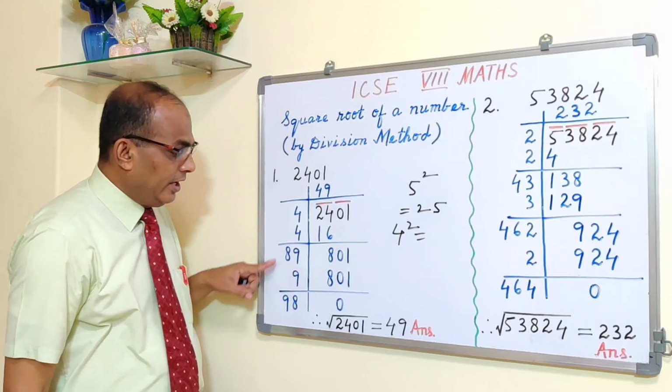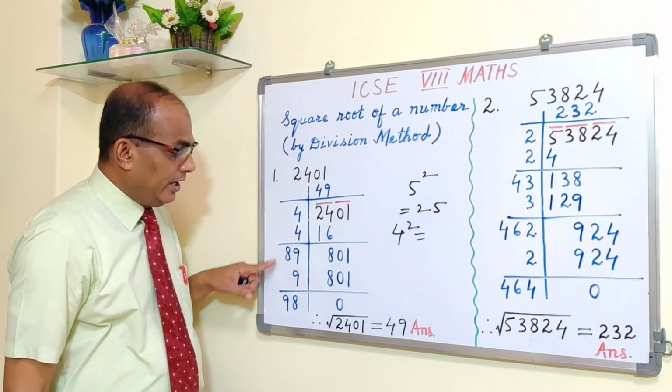Fine. Now see the second question. Find out the square root of this number, 53824. Okay, 53824 we are writing here, and we place a bar over every pair of digits starting from the right side, from right to left. So see this, 1 bar, 2 bar.